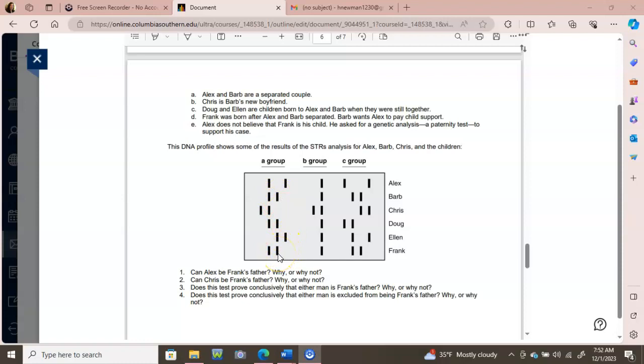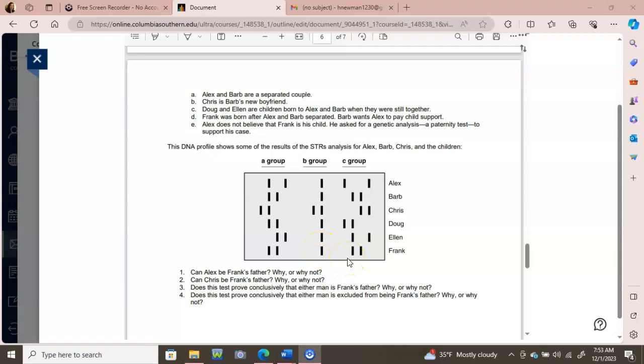So with the A group, it's hard to tell at this point. It's also going to be hard to tell with the B group, because technically he could have gotten one of these from Chris and one of these from Barb. Same is true here. He could have gotten one of these from Alex and one of these from Barb. So with the B loci, we really can't tell.